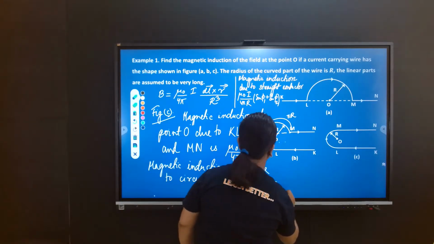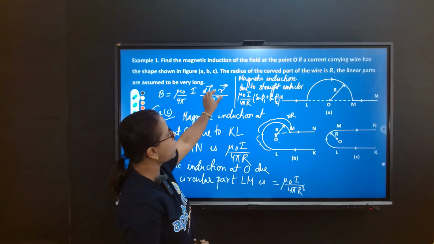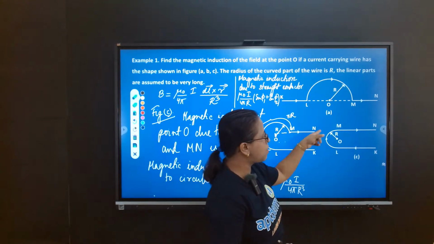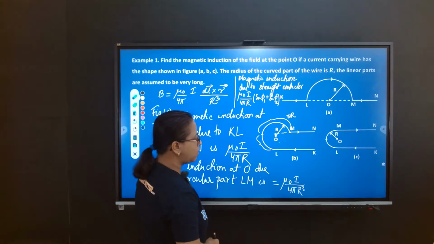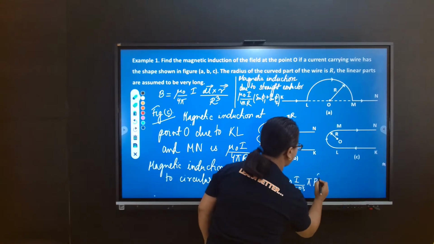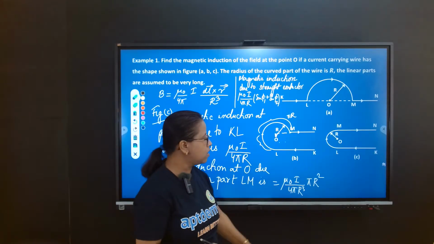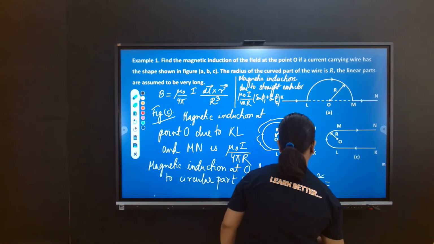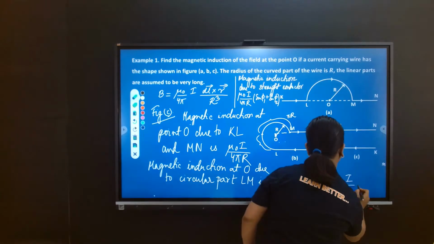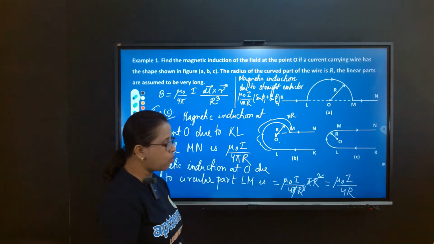We have this as mu naught I by 4 pi r cube. Now, working on dl cross r. As you can see, it's a semicircular path. So dl will be equal to pi r multiplied by another r. So we have pi r squared here. And the angle is 90 degrees and sine 90 amounts to 1. So ultimately, we can write this as mu naught I by 4 r. So we have mu naught I by 4 r coming up.